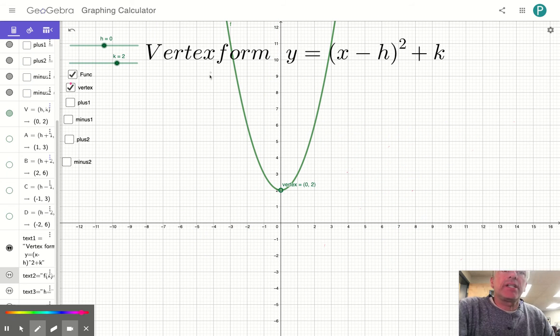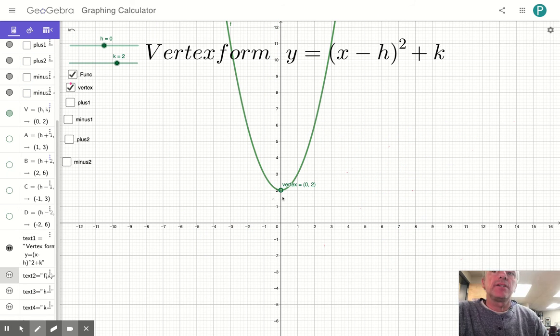All right, so the next thing is, given a graph like this, how could we write an equation of that graph? So looking here, my vertex is at the point 0, 2. So in other words, my h is 0 and my k is 2.